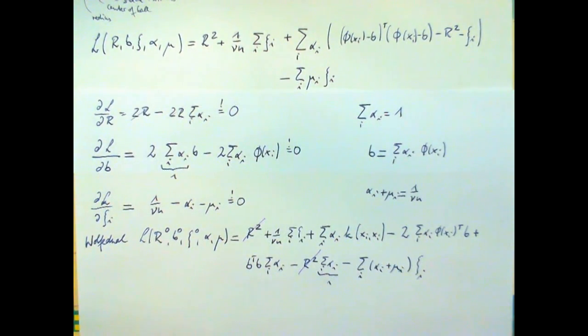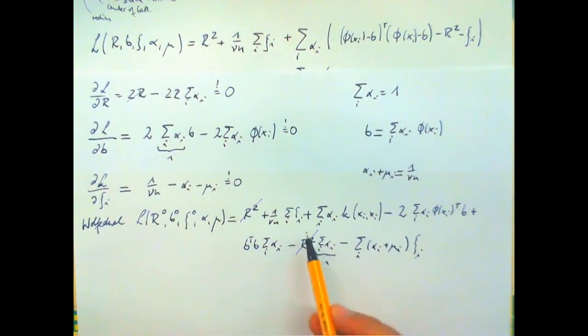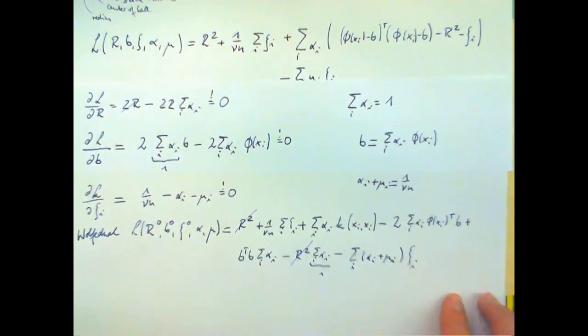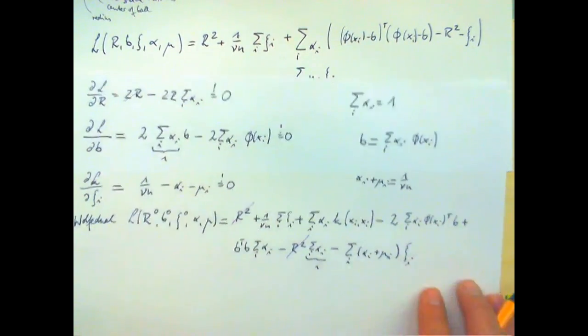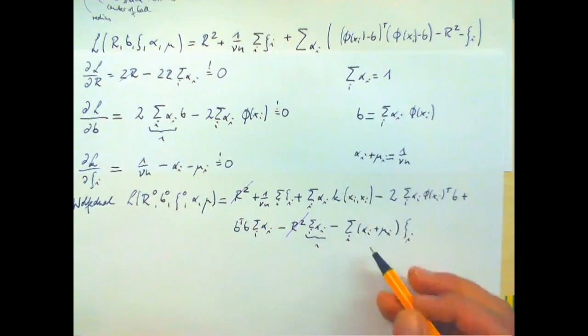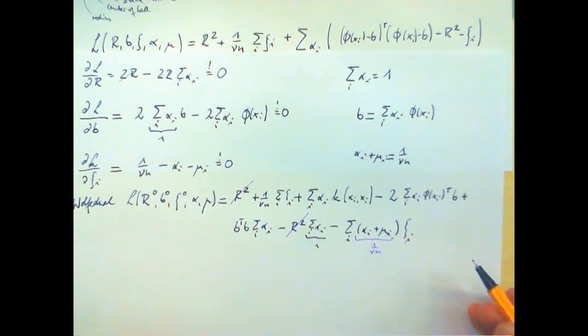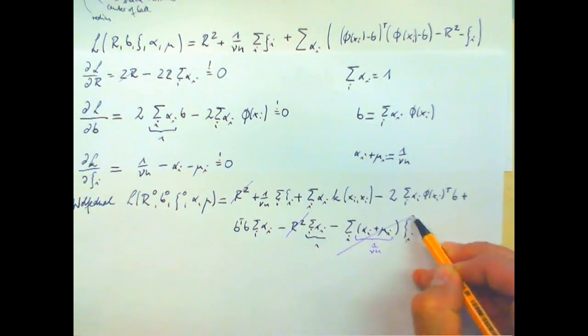Then the nu_i, I can use this condition here to say this is 1 over nu n, and then this cancels with that.